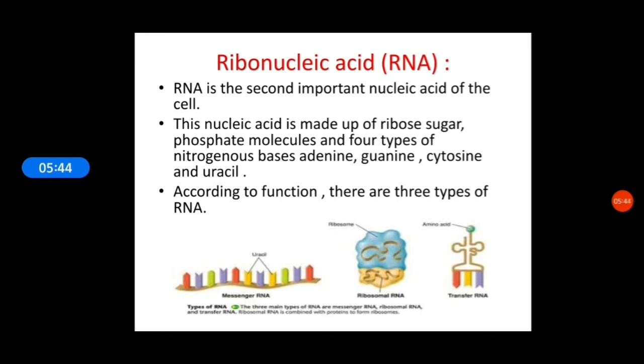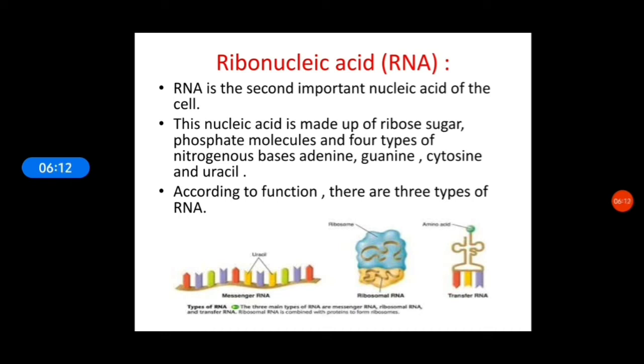This nucleic acid is made up of ribose sugar, phosphate molecules, and four types of nitrogenous bases: adenine, guanine, cytosine, and uracil. The nucleotide, the smallest unit of the chain of the RNA molecule, is formed by the combination of ribose sugar, phosphate molecule, and one of the nitrogenous bases.